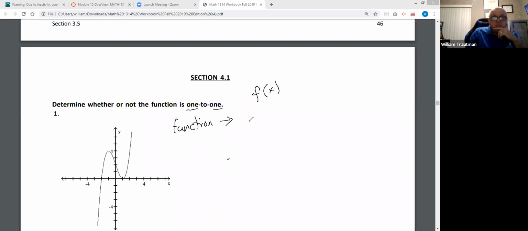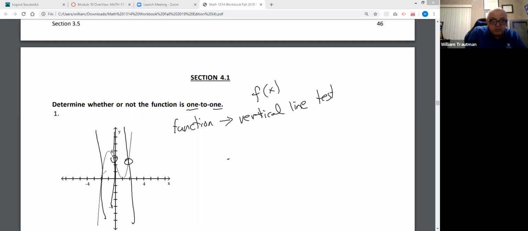For a function, we did something called the vertical line test. If we drew a vertical line and it crossed only one time, then it was a function.